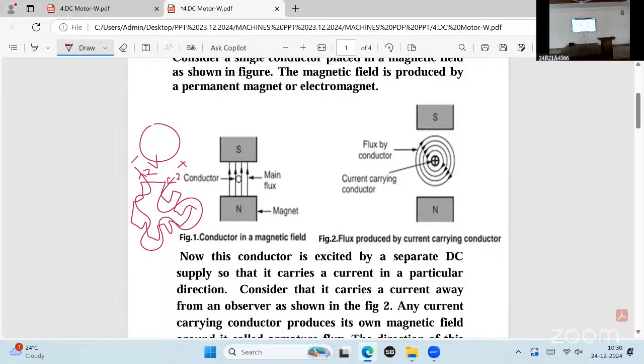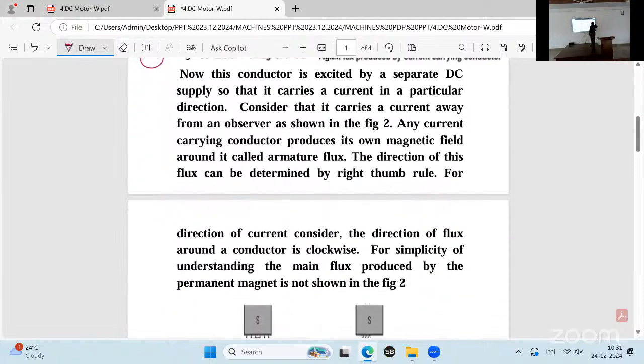In designs we use the rule, but here in assumption it is clockwise. Clear? Right. The second diagram is completed. Now the third diagram.